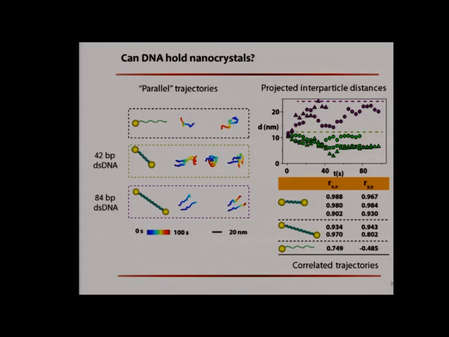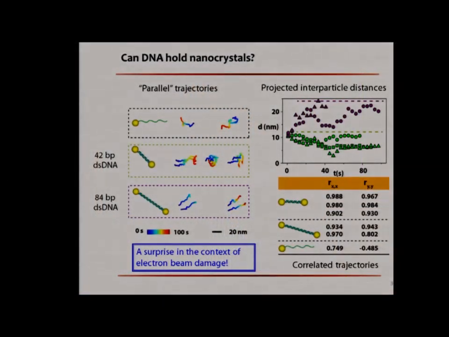So I'm really going out of my way to show you these three data sets because altogether they show an interesting, also surprising fact. The DNA is able to hold our gold nanoparticles together during the whole imaging time. And this is a surprise because under conventional TEM imaging conditions, the DNA would be damaged by now. The amount of our sample is too small for us to check if the DNA molecules are still viable after imaging.